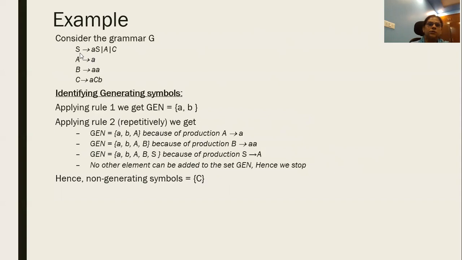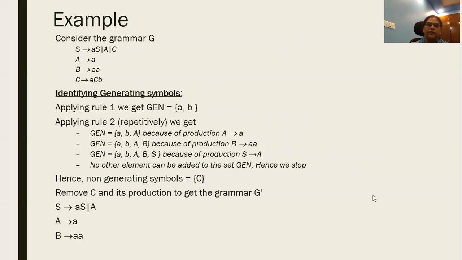There are two productions, S derives C and C derives ACB, which involve the use of C, and hence we can safely remove these productions and we arrive at this grammar here.